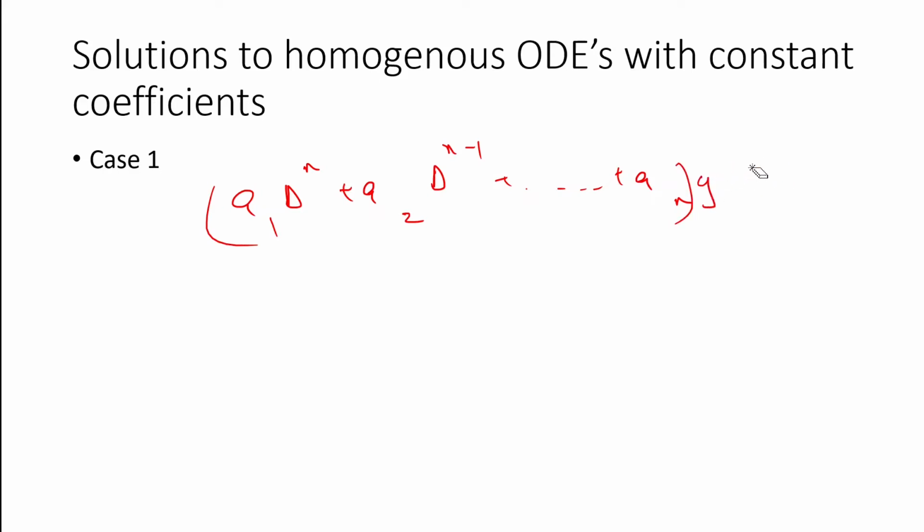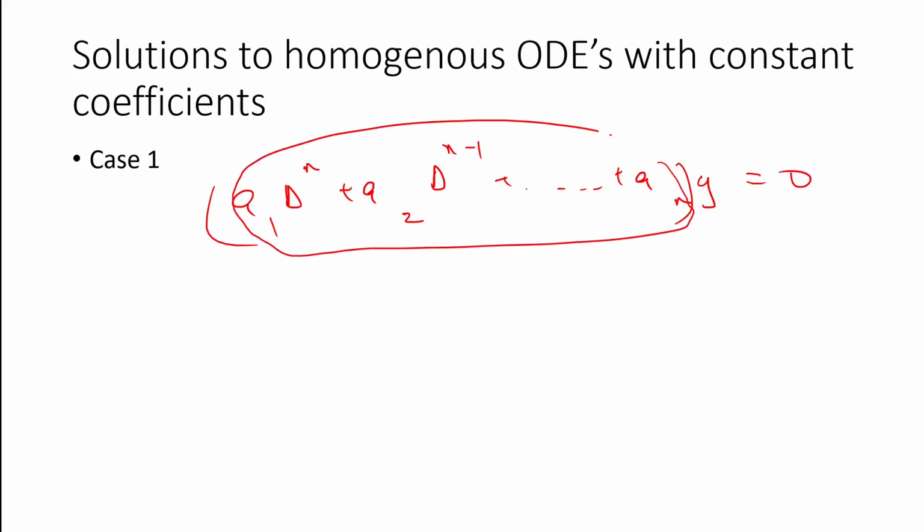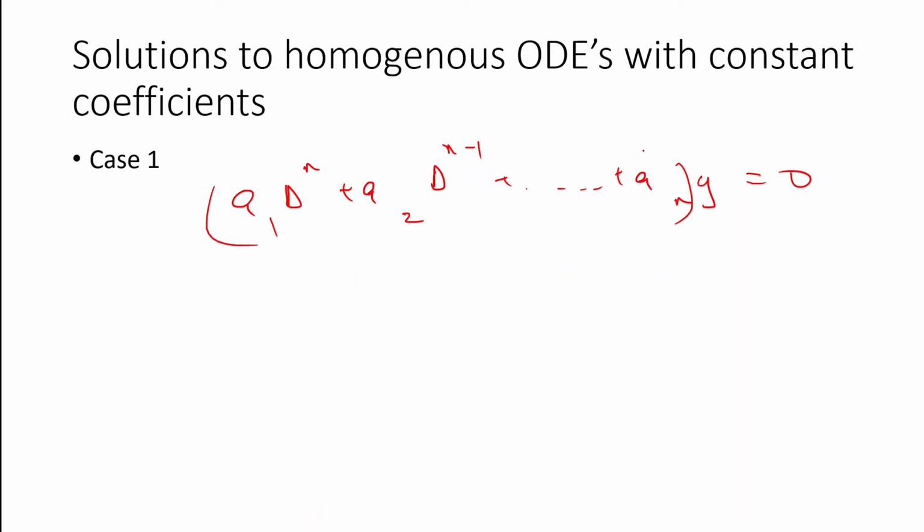Now this is a polynomial function in D, isn't it? A polynomial function in D, since it is of the nth power, can have at most n distinct solutions, and it is possible to have repeated roots as well.